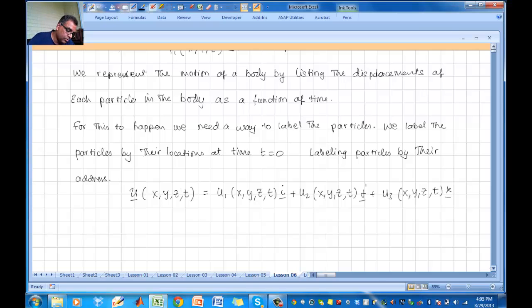So what do you need now? First you need to describe the body, so you need origin, then you need axis, then you need coordinates, then you need displacements as a function of time.